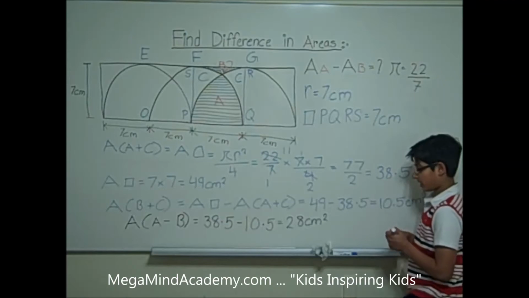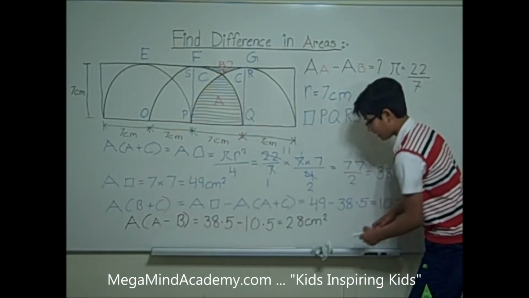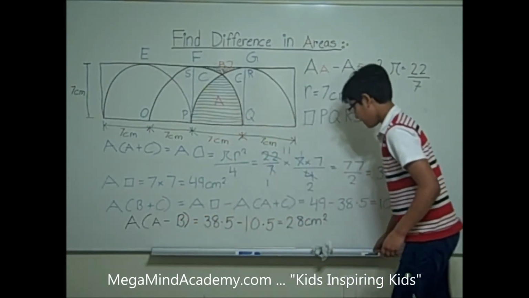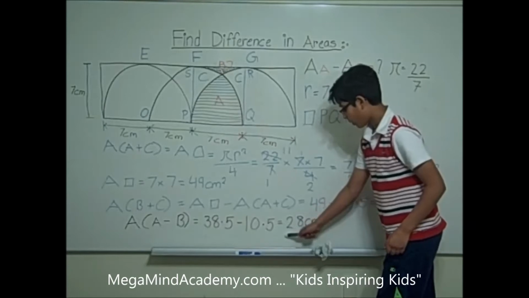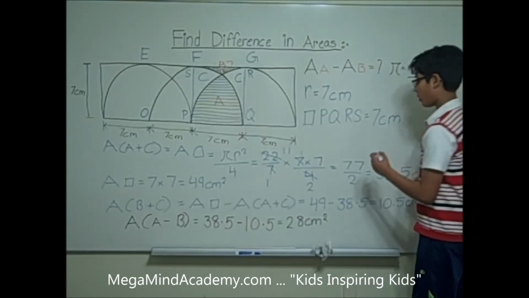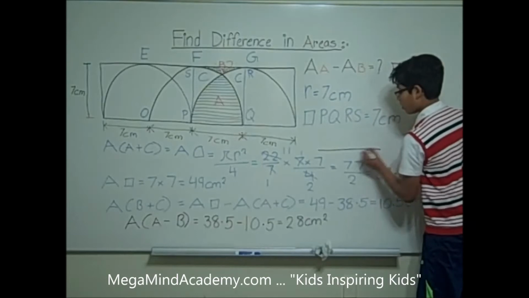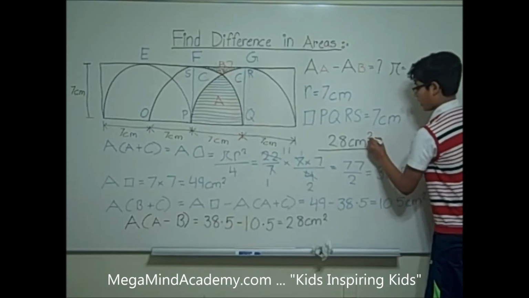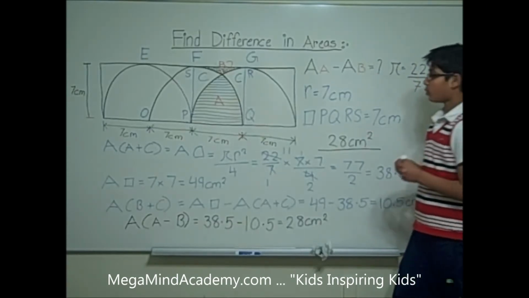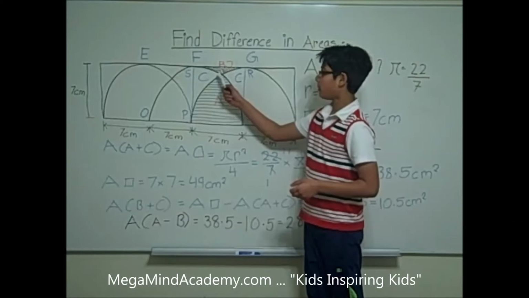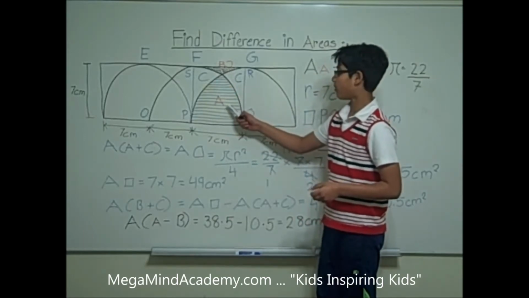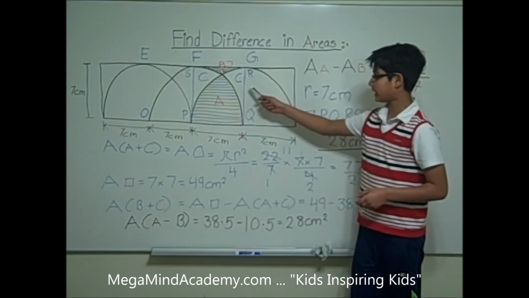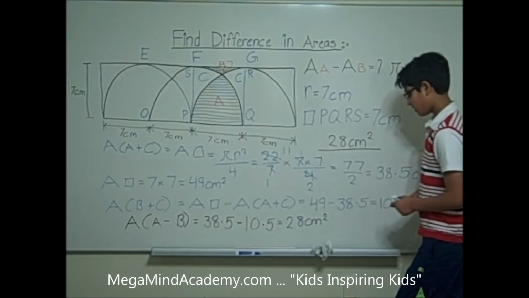Now let me explain to you why the area of portion A minus portion B is equal to 28 centimeters squared. The reason we subtracted portion B plus portion C from the area of portion A plus portion C is because portion C gets added once.